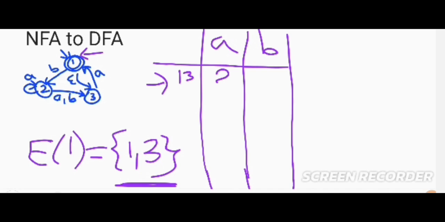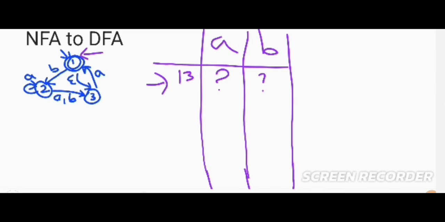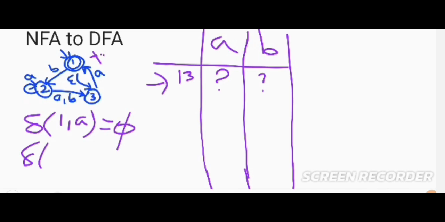Let's look for the transition with A and the transition with B from the set of states 1, 3. According to the NFA, the transition with A from the state 1 is phi, because we don't have any arc going from the state 1 with the symbol A, but the transition from 3 with A is 1 and 3.